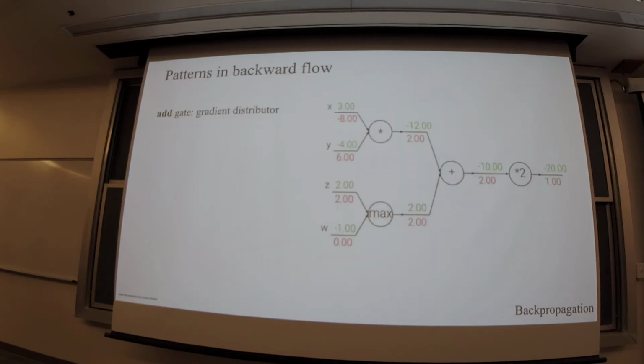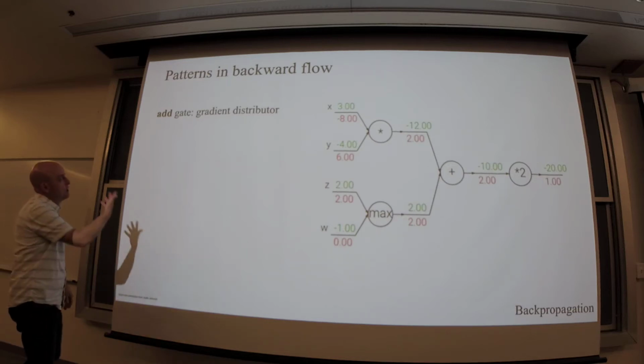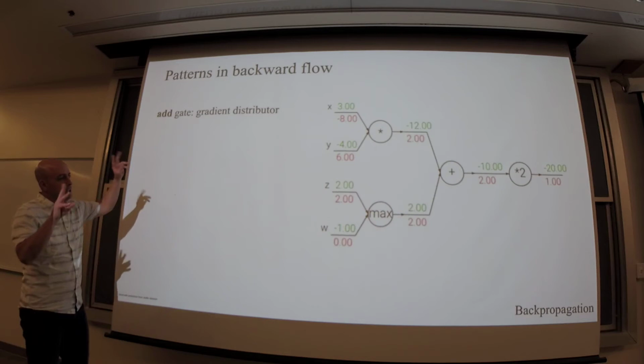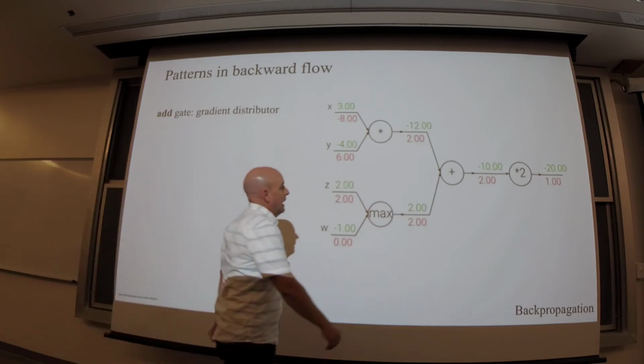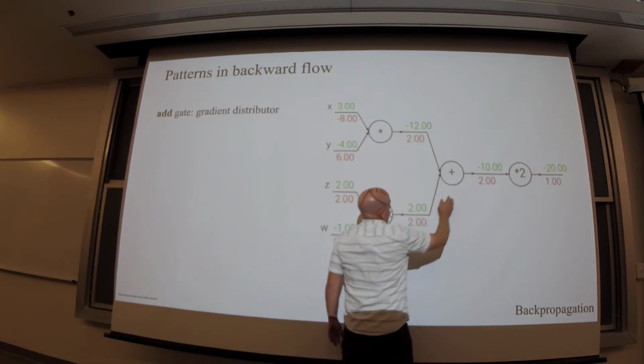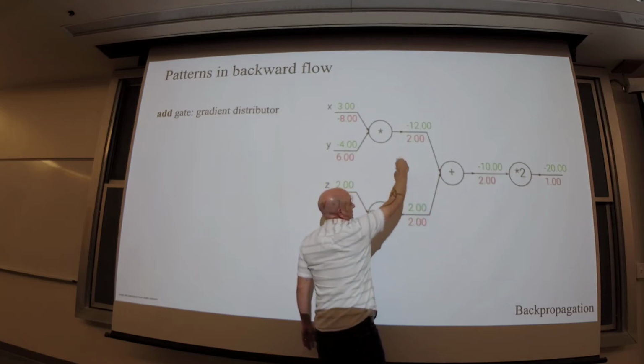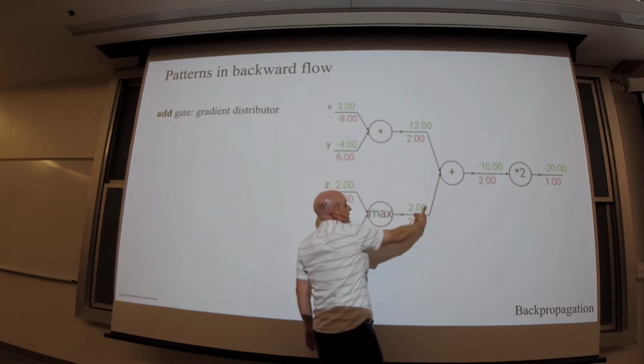All right, back propagation. So as you do these things, you start to notice patterns in certain operations. We already noticed this one with an add gate, or an add node. When we're doing back propagation, it really doesn't matter what the actual values of the inputs are.